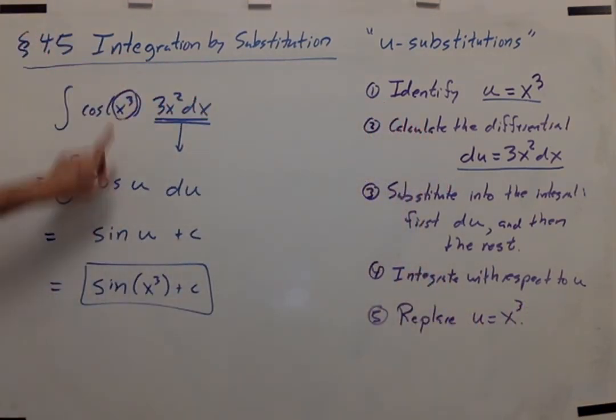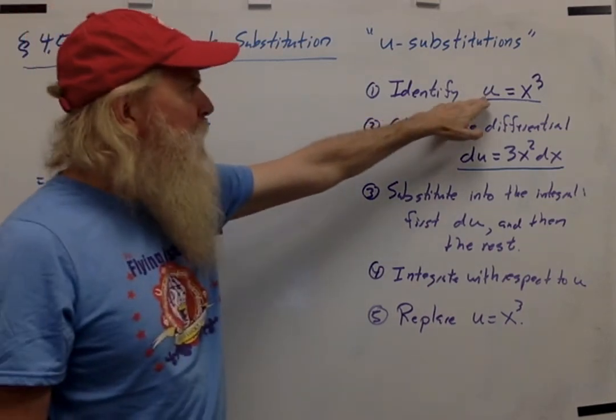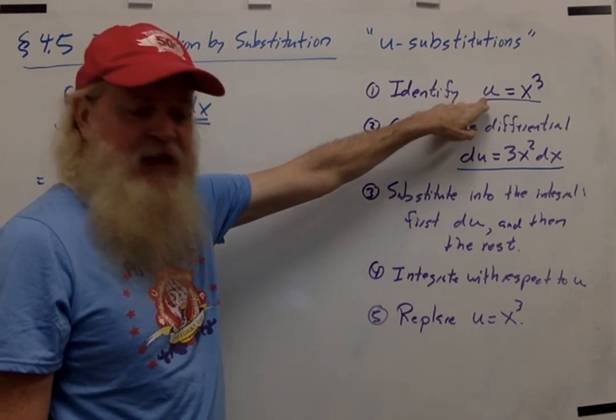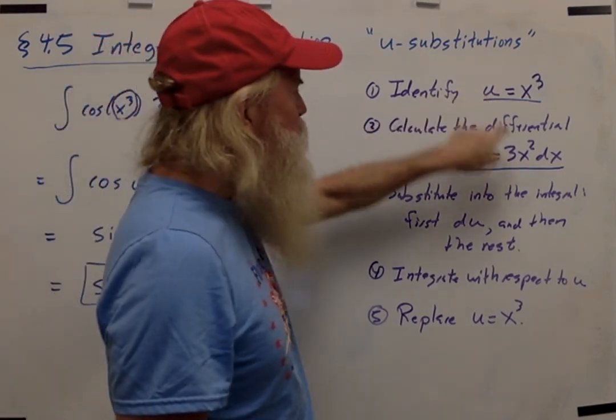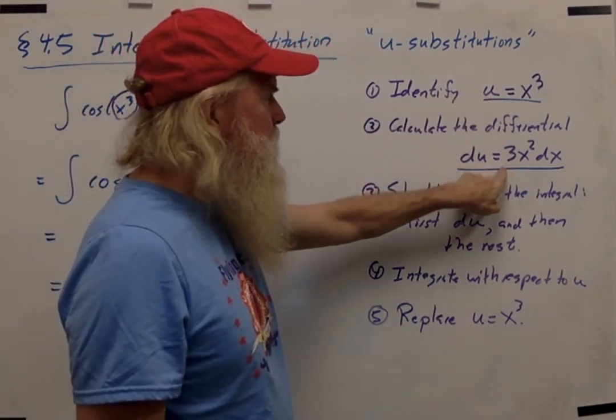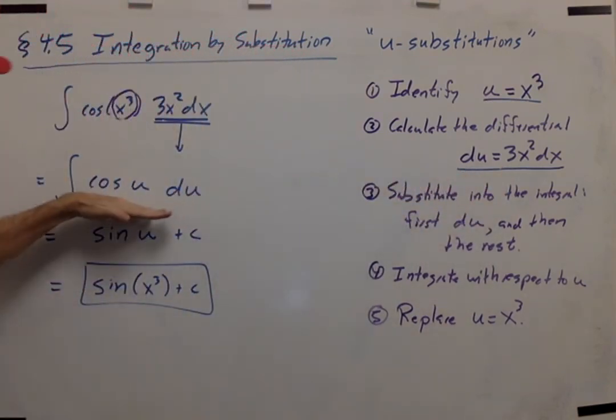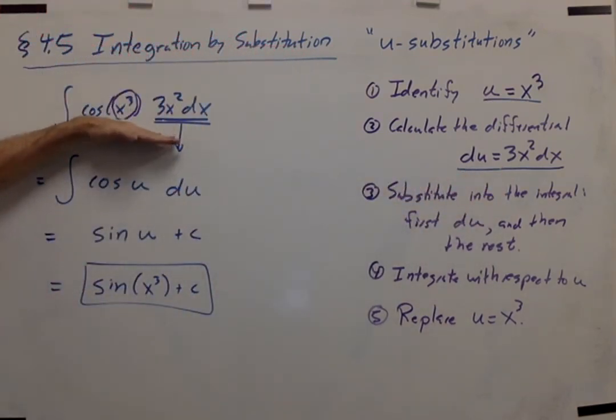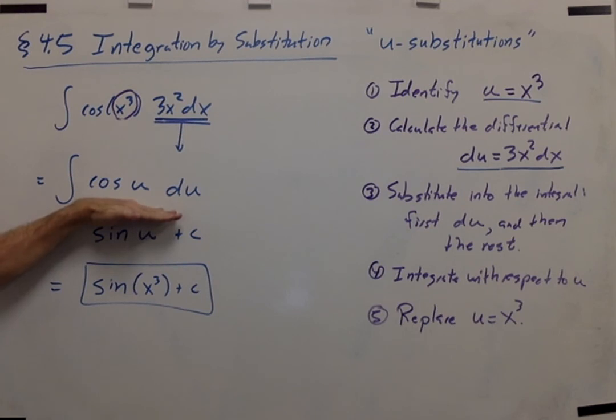So notice that the pattern is, first of all, you find your candidate for your u substitution. Usually that's going to be a function which is inside another function. Next, you calculate the differential, and then you substitute in, so instead of having an integral with x's in it, you have an integral that only has u's.